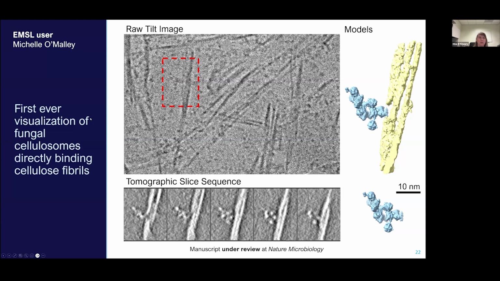Michelle Amali is a longtime user of EMSL and JGI, and she has been at the forefront of the discovery of fungal cellulosomes. We have a paper now in review at Nature Microbiology, where we provide detailed biochemical analysis of these complexes. Specifically, what you see is the carbon nanofibers, and then you have little densities next to them, and this is actually your fungal cellulosome.